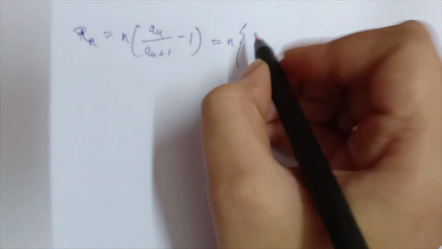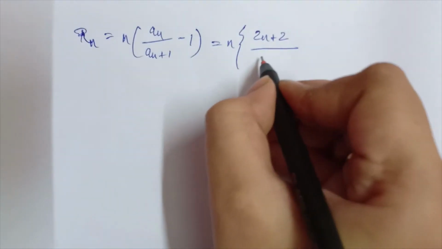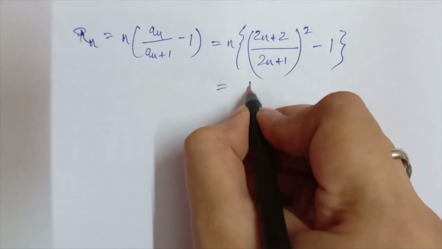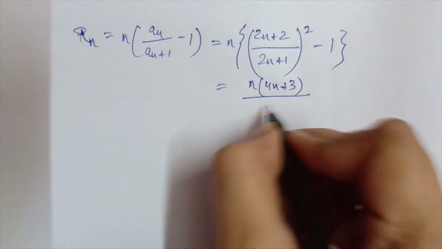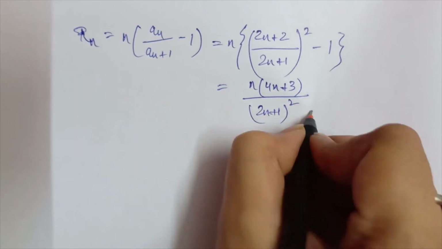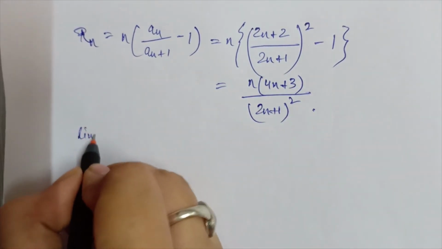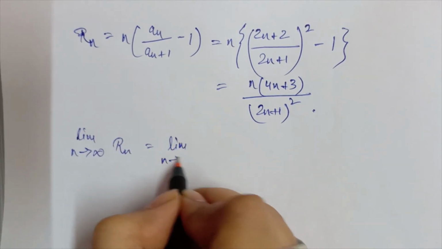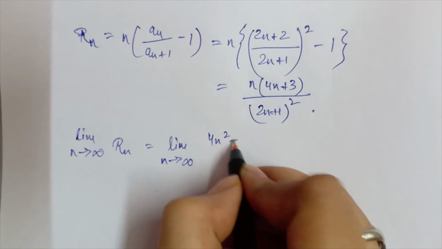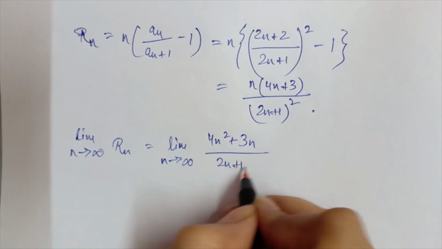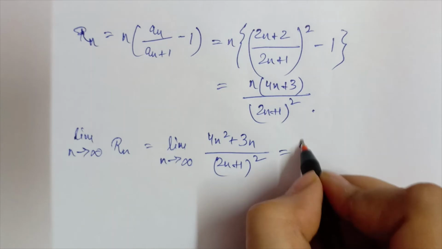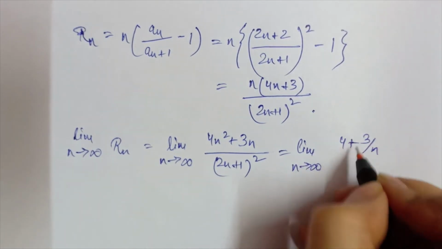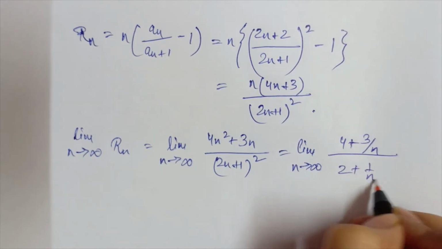This gives us n into 2n plus 2 by 2n plus 1 whole square minus 1, which equals n into 4n plus 3 by 2n plus 1 whole square. Now limit n tends to infinity, Rn equals limit n tends to infinity 4n square plus 3n by 2n plus 1 whole square. This equals limit n tends to infinity 4 plus 3 by n by 2 plus 1 by n whole square.